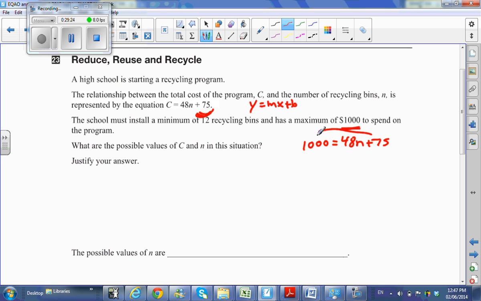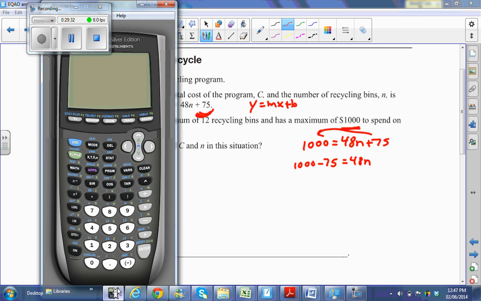So move the 75 over again. I get 1,000 minus 75 equals 48N. And then divided by 48.